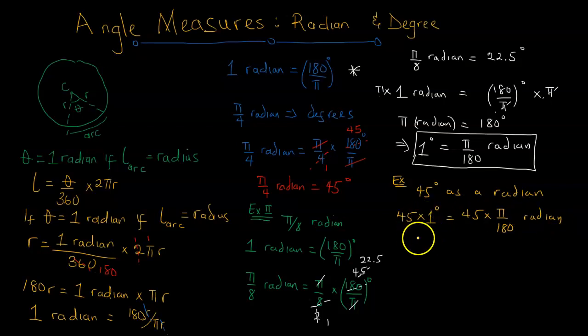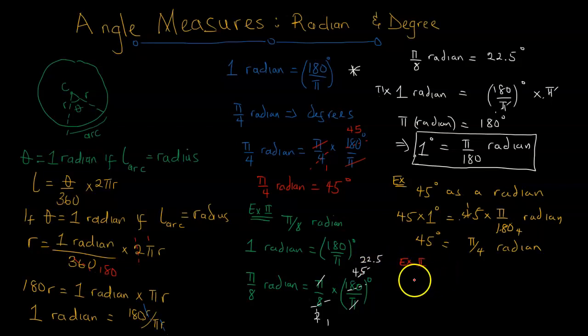Now, 45 times 1 degree is 45 degrees. So I can reduce these two numbers, 45 in 45 is 1, 45 in 180 is 4. Therefore, 45 degrees is pi over 4 radian.